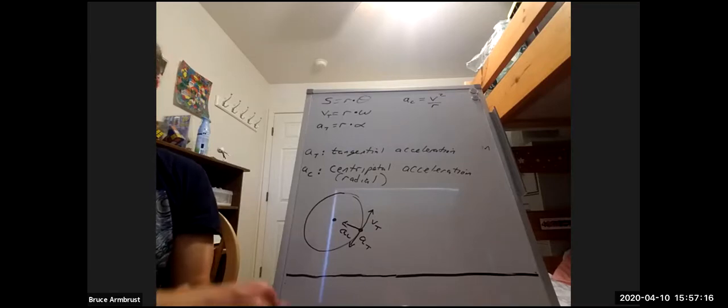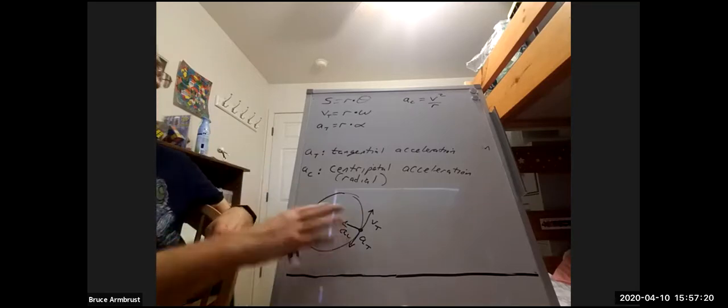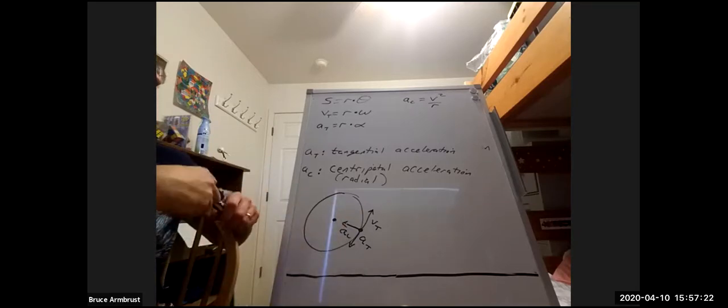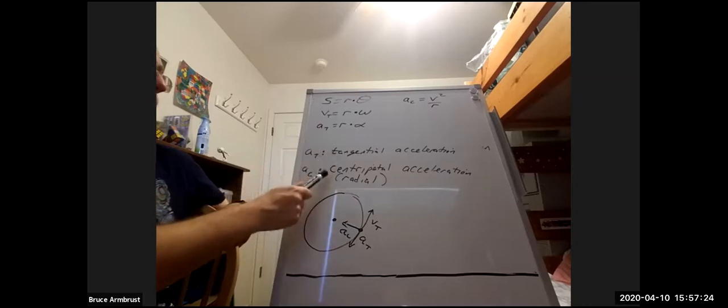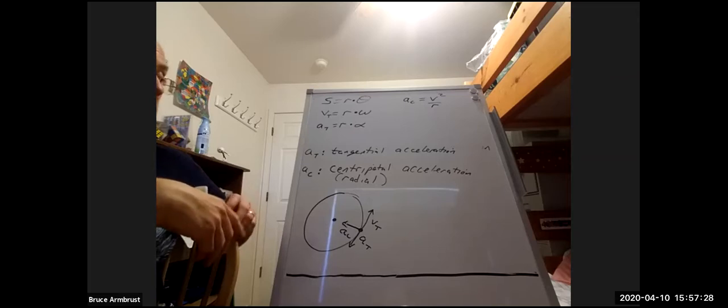Before we do some actual, real-life calculations on things that are spinning, I want to talk about why we care about tangential and centripetal acceleration, and why we break them down into the two pieces. So you remember what acceleration is, right? It's your change in velocity.